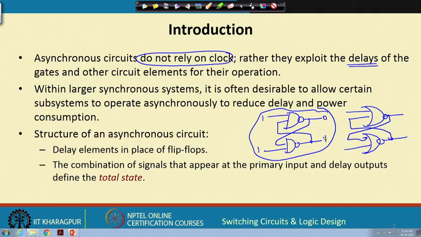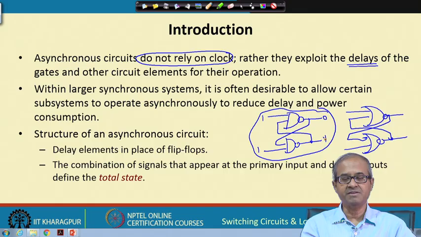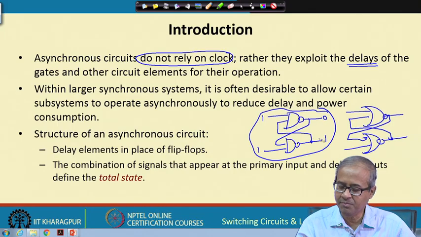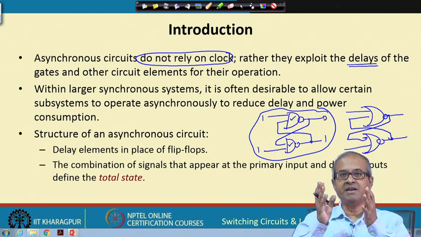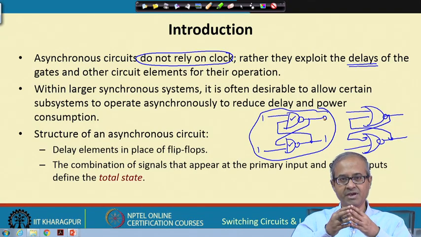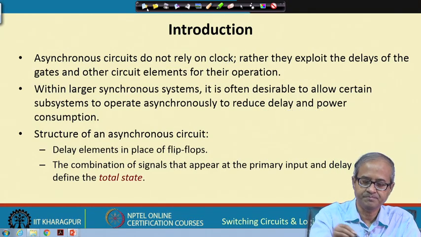So, it can memorize something, which means it is a sequential circuit, but there are no flip flops, only gates. The way these 0 and 1 are remembered is based on the delay of these gates. After some delay this is computed, again 1 is generated, after some delay this 0 is generated. So, this is a classic example of an asynchronous circuit, where operation is determined by the delays of the circuit elements, here gates. Okay? Let us move on.